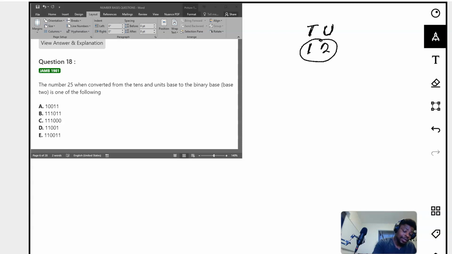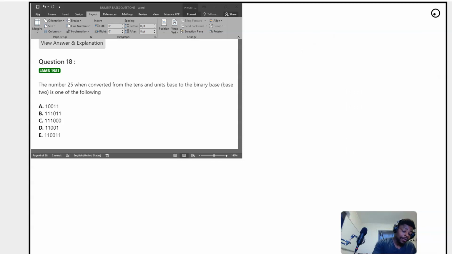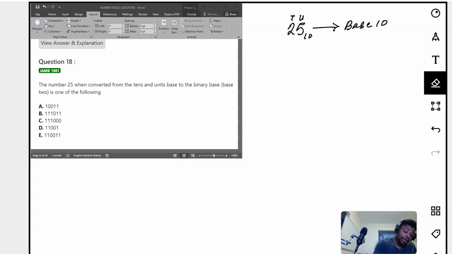So what they are telling us is that 25 is in base 10 because this is tens and units. And they want us to convert it to a binary number, and a binary number is base 2. So we are converting 25 in base 10 to base 2.